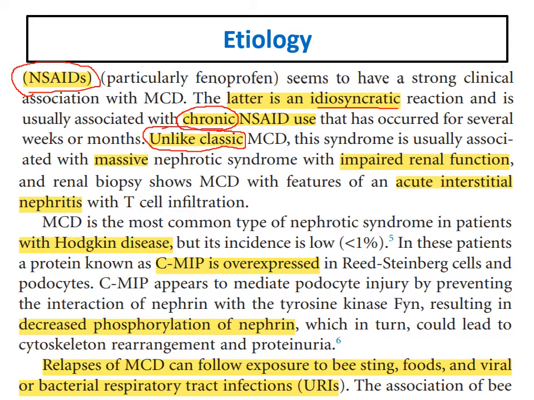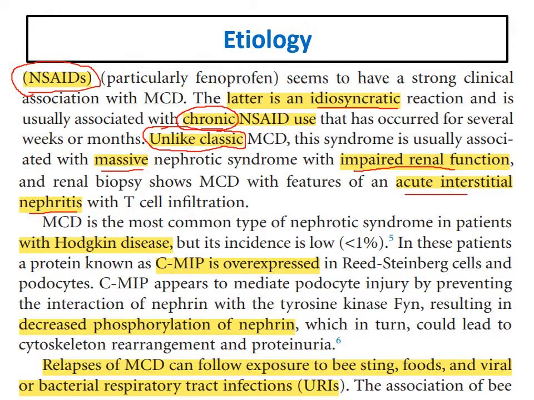Is it a classic presentation of minimal change? No. It is characterized by massive nephrotic syndrome, heavy proteinuria, and severe hypoalbuminemia, usually associated with impaired renal function. In renal biopsy, along with the features of minimal change, there is also acute interstitial nephritis and T-cell infiltration.